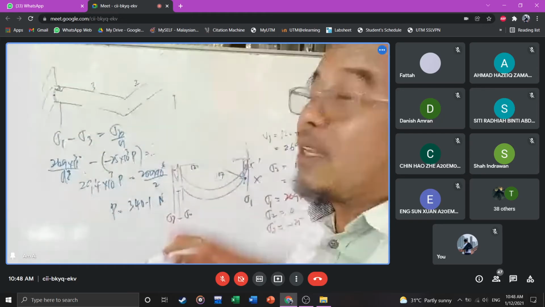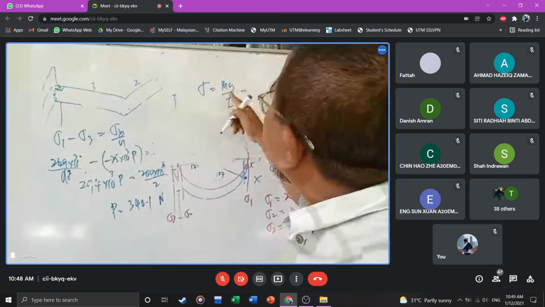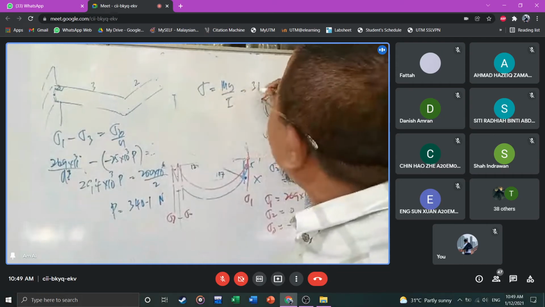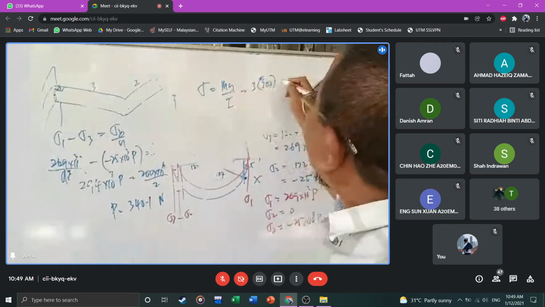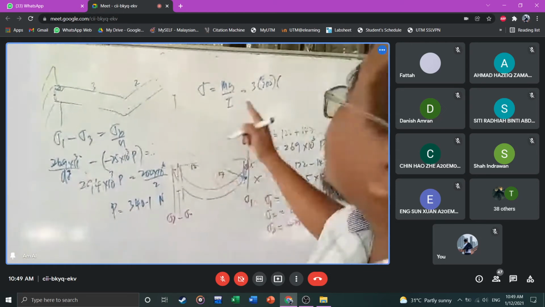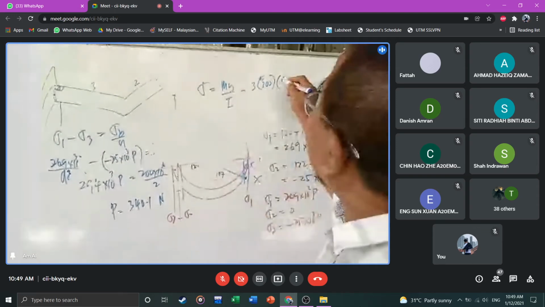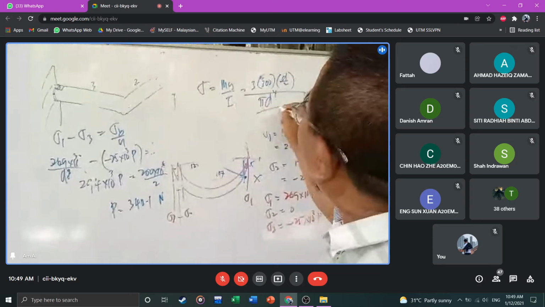Can you give the answer? Stress is equal to My over I. See here, the moment is 3P, 3 times 300. And then your y, you don't know the diameter. Your y is half a diameter, means diameter over 2. And then your I is pi d to the power 4 over 64.